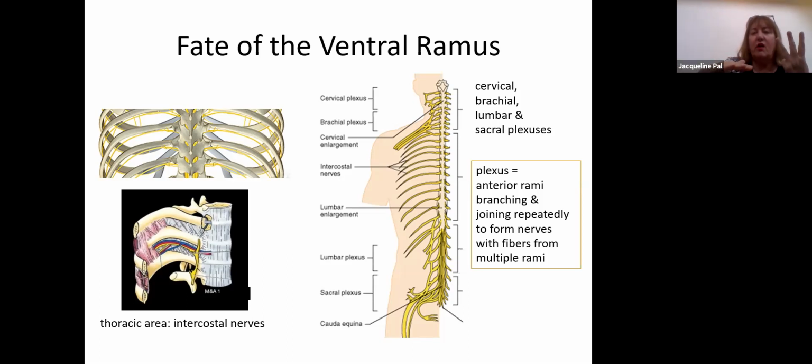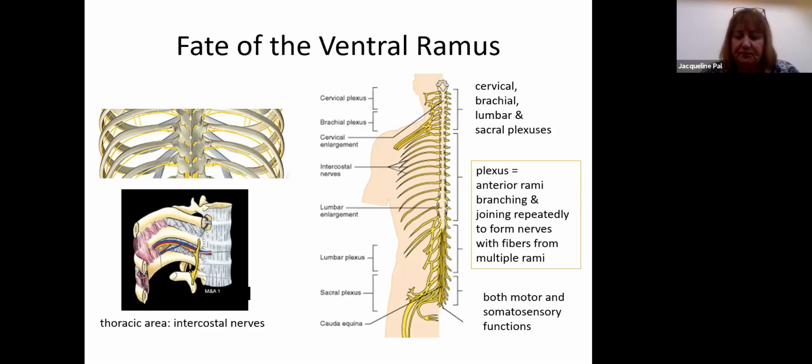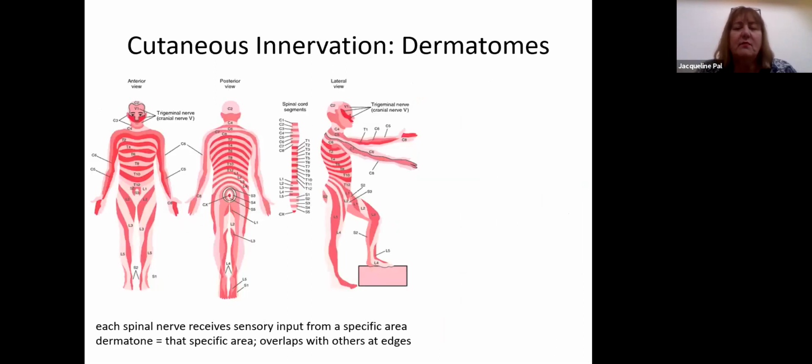Below that, we're going to have our lumbar plexus, and then the lowest one is going to be our sacral plexus. So what is interesting about these rami is they are both motor and somatosensory. So I'll be talking about them as I go along.